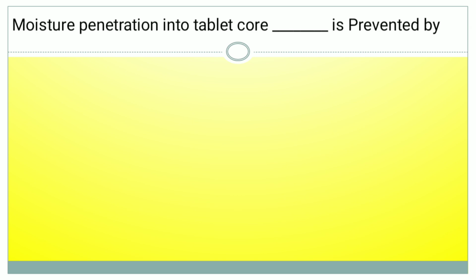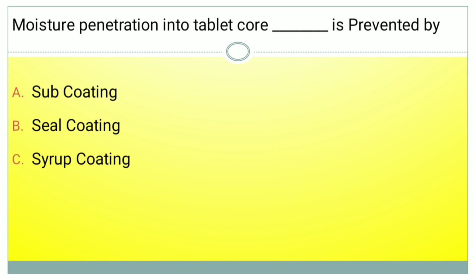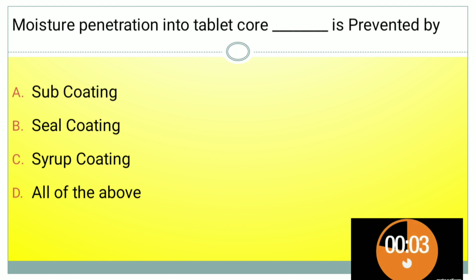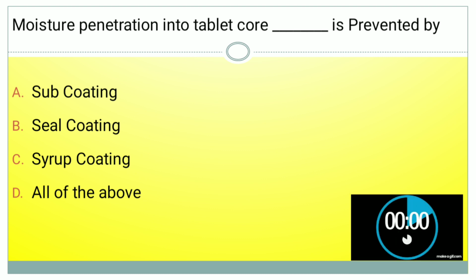Then moving to next question. The question is, moisture penetration into tablet core is prevented by, and the options are A, subcoating, B, seal coating, C, serif coating, and D, all of the above. So you have 10 seconds to think for the right answer.